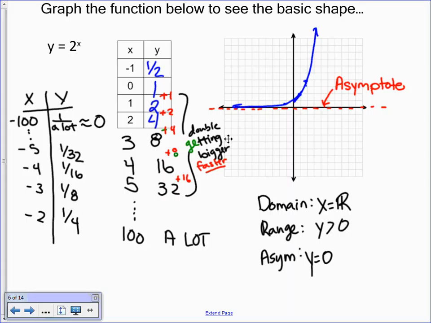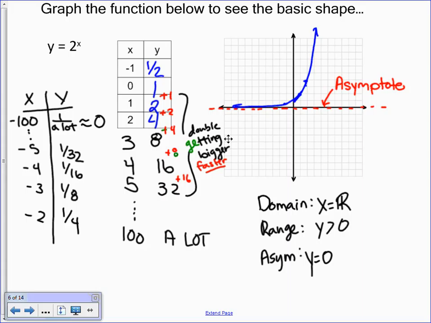It can be greater than 0. It can also be less than 0 if the graph gets flipped over the asymptote. Does anybody remember what makes graphs flip over a horizontal line? So like if you think about y equals x squared, it's a parabola that opens up. What made the parabola open down? If there was a negative in the front.